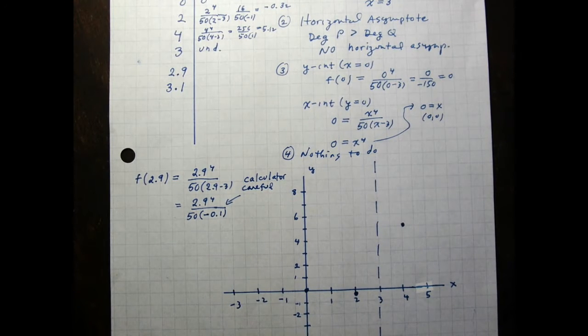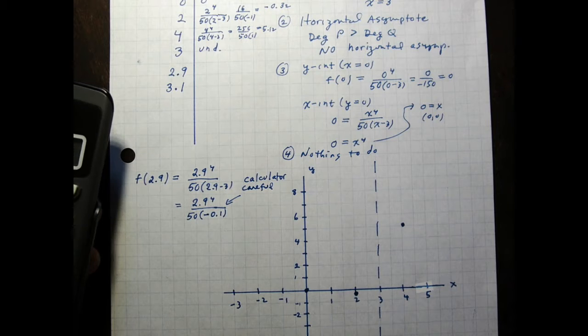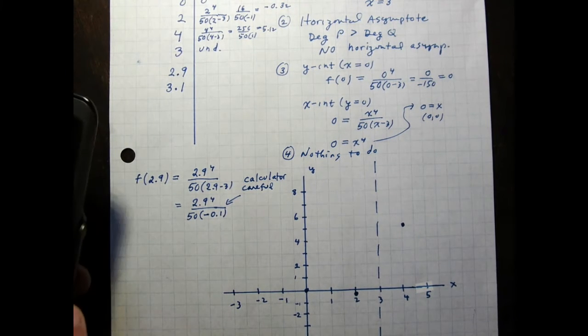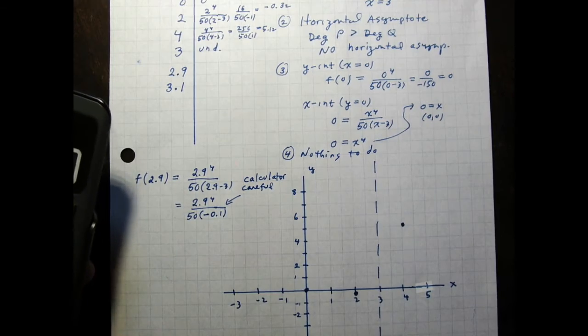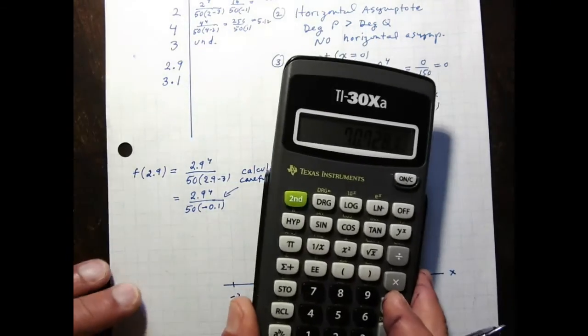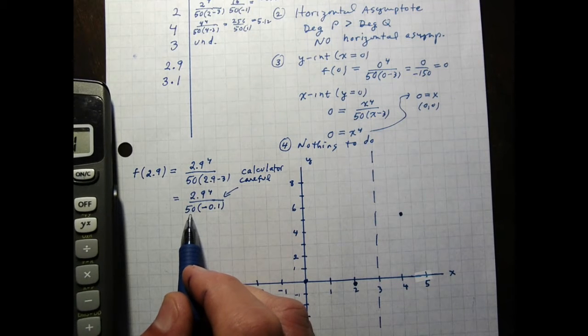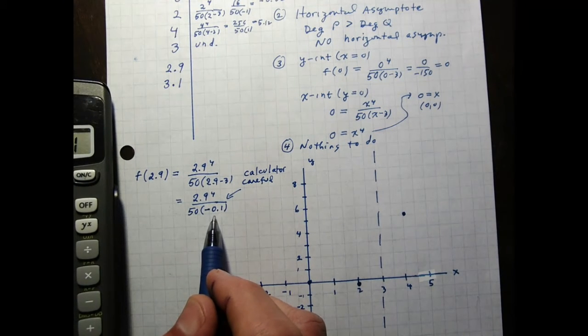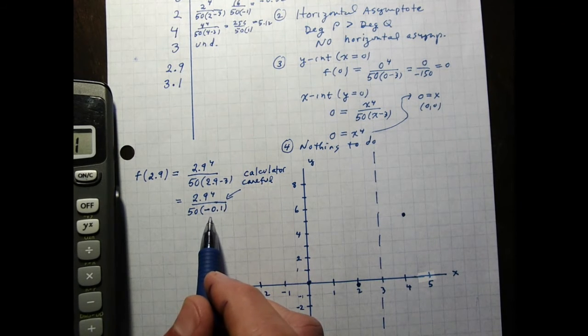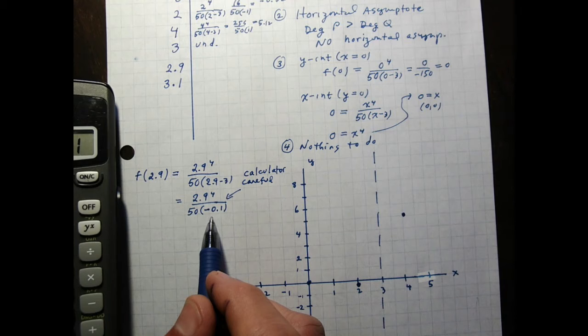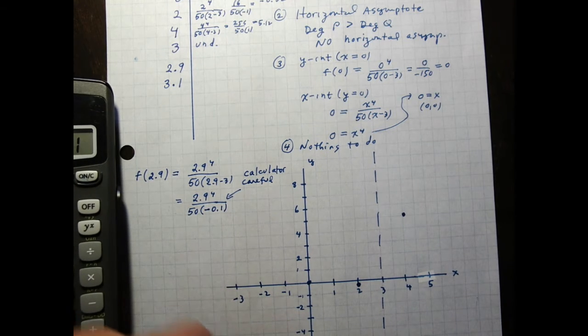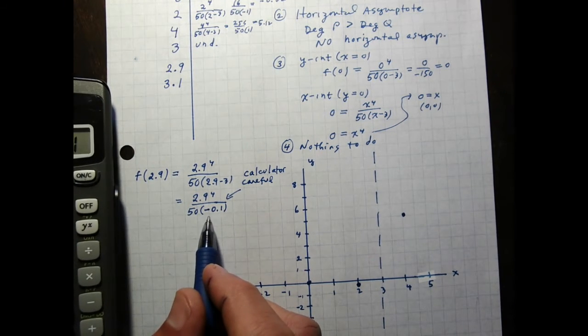So for instance, on my calculator, if I do 2.9 to the fourth, okay, I get that on my calculator. Now, if I divide by 50 and multiply by negative 0.1, if I divide and then multiply without any other buttons pressed on my calculator, it's going to come out wrong.